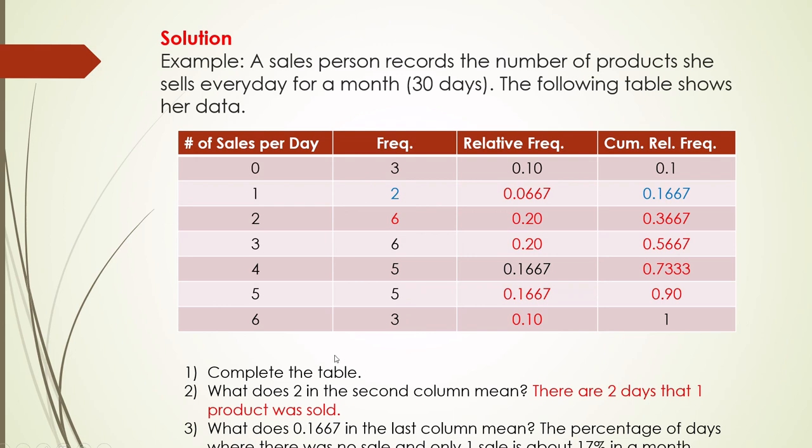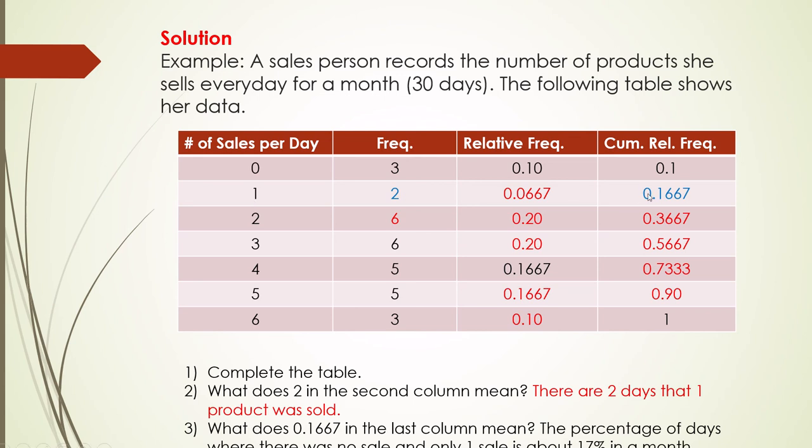And there was a question: what does 2 in the second column mean? This means there are 2 days that only one product was sold. And this number, remember, is in the cumulative relative frequency column. So it means the percentage of the days where there was no sale or only one sale is about 17%.